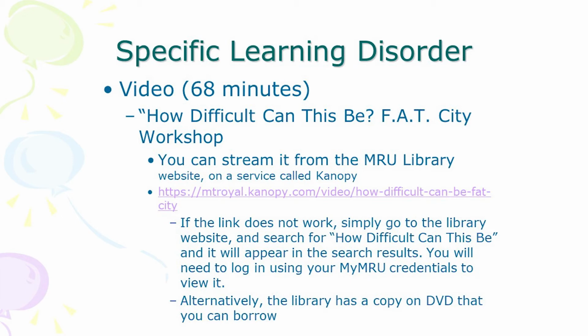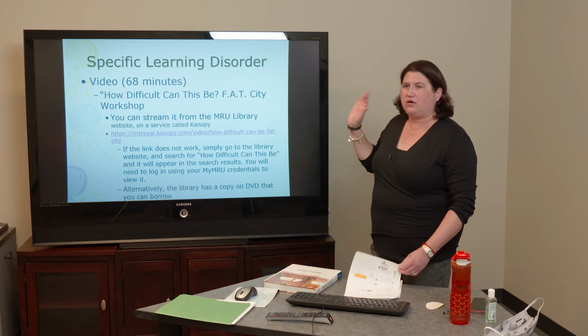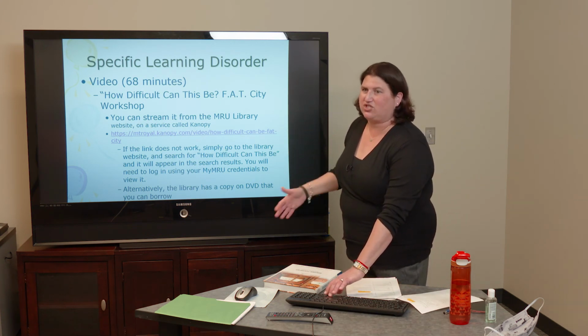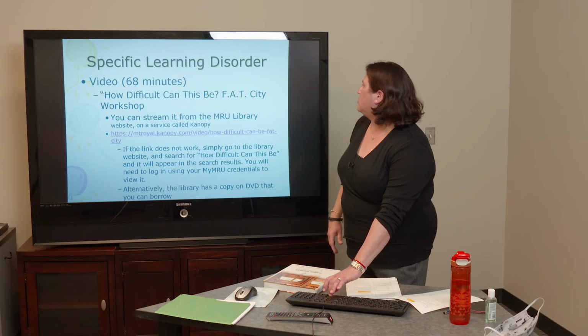It'll appear in the search results, and then you can just click on the link because it'll take you to the online link. Alternatively, the library has a copy on DVD that you can borrow as well. So you're going to go ahead, watch that, and then come back because there's a reflection question after the video.